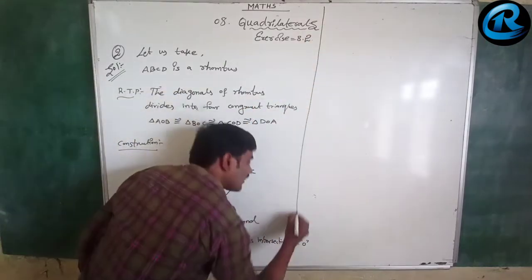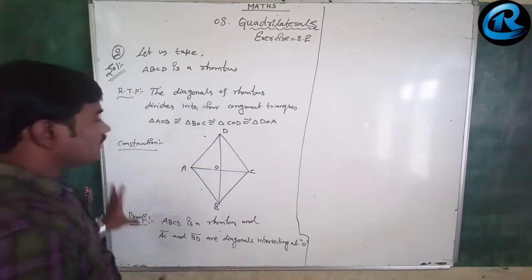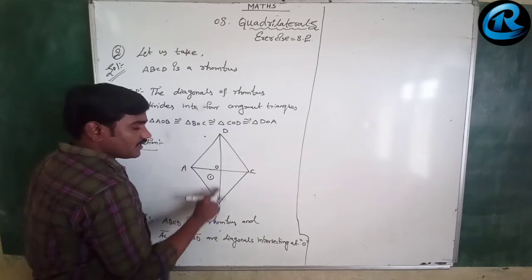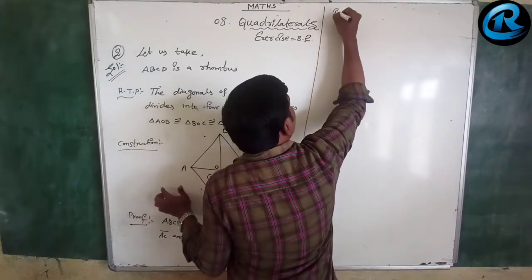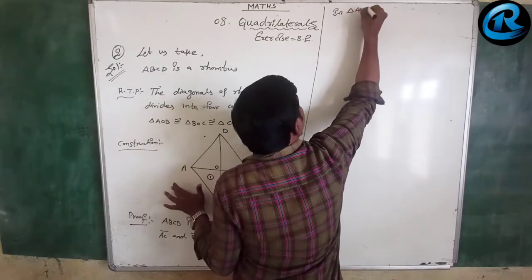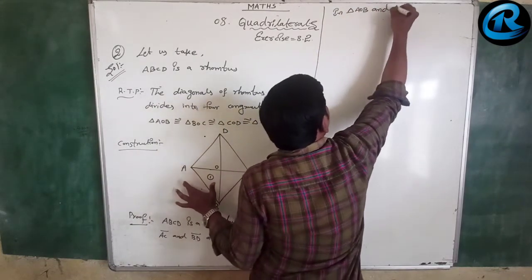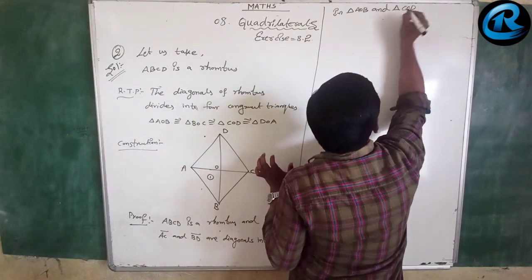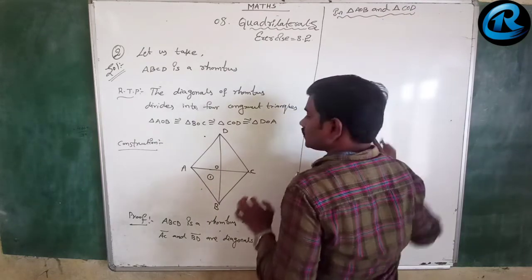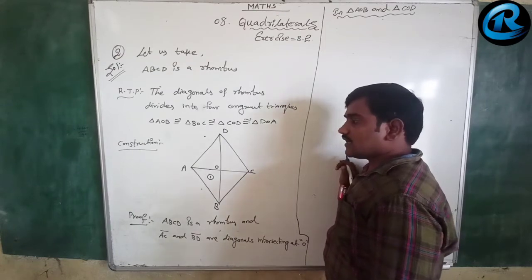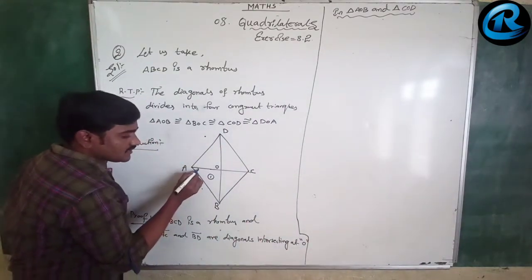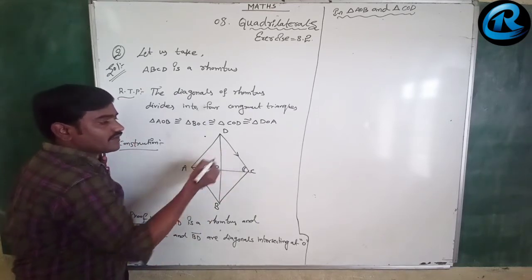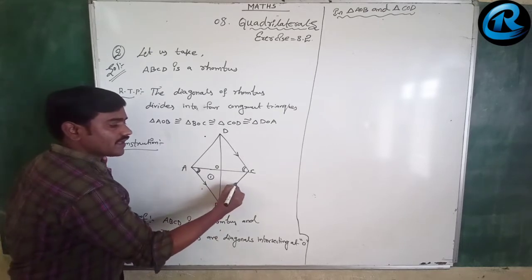See how we are going to prove that. Let us show first. Let us take this triangle first. In triangle AOB and triangle COD, in these two triangles, what can we say? In triangle AOB, this angle will be equal to this angle because the opposite sides are equal and parallel in the rhombus.